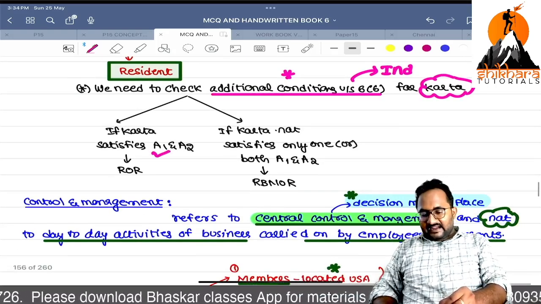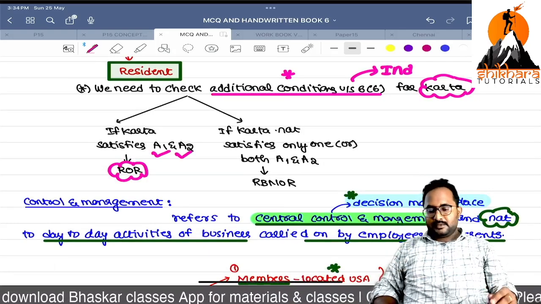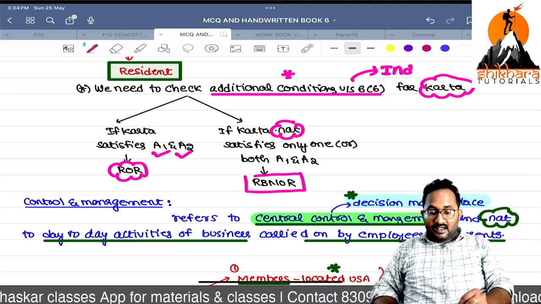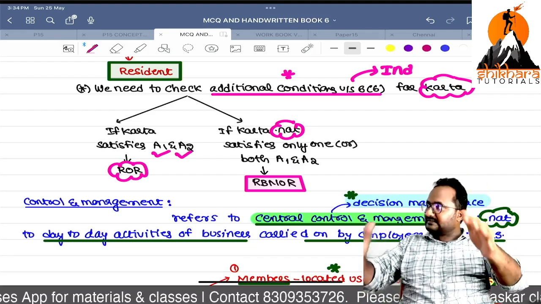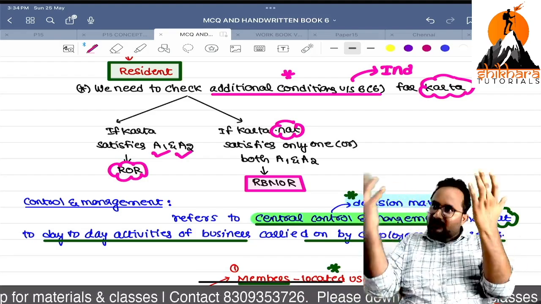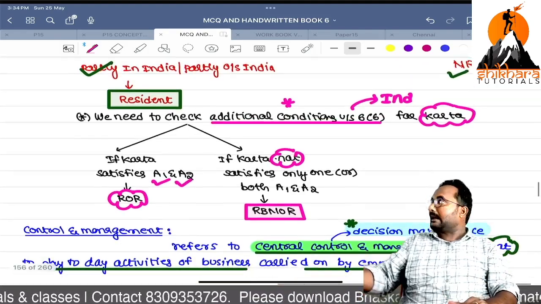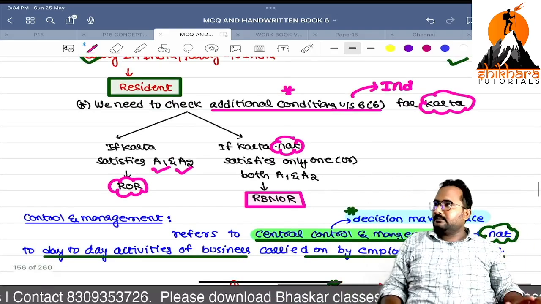Now if Karta satisfies A1 and A2, the answer is resident and ordinary resident. If Karta does not satisfy these, then the HUF residential status is resident but not ordinary resident. Sir, the additional conditions are always the same. They should be applied to an individual only. Here, for knowing the ordinary status of HUF, we apply the same condition to one individual. That individual is Karta. Clear?